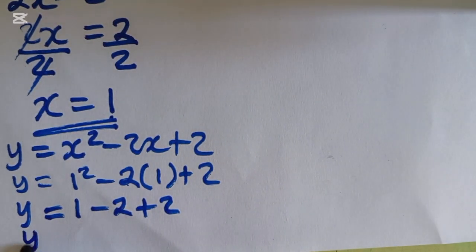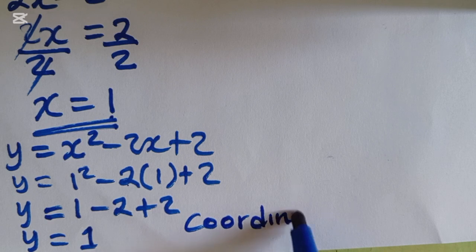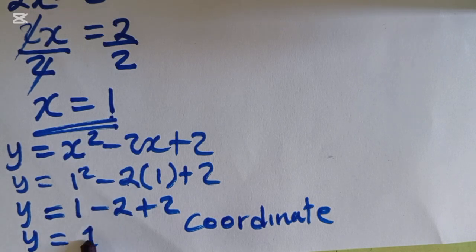So 1 minus 2 is negative 1, and negative 1 plus 2 is 1. The value for y is 1. So the coordinate is (1, 1), which is the stationary point.